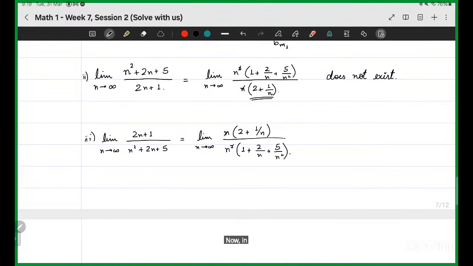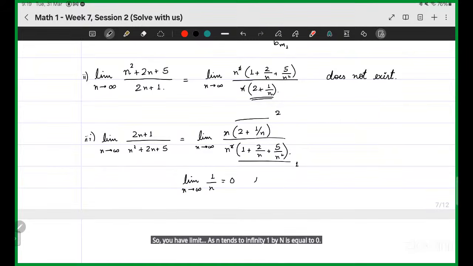Now in this case, this part goes to 2, this part goes to 1, and the sequence 1 by n goes to 0, right? So you have limit as n tends to infinity 1 by n is equal to 0, limit as n tends to infinity 2 plus 1 by n divided by 1 plus 2 by n plus 5 by n square.